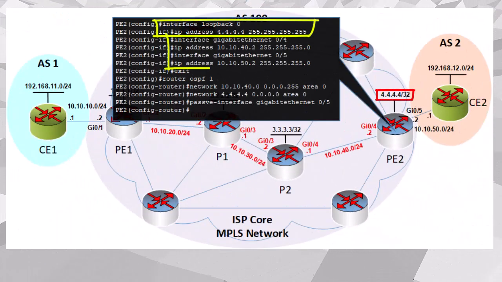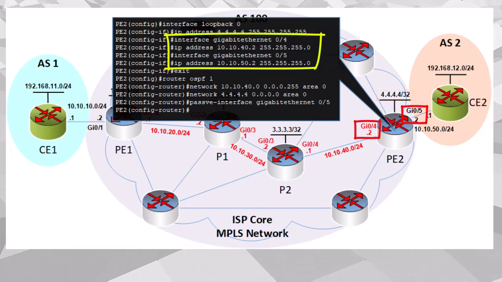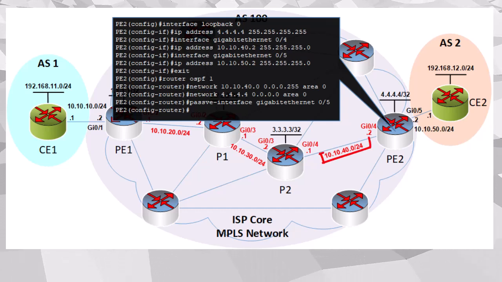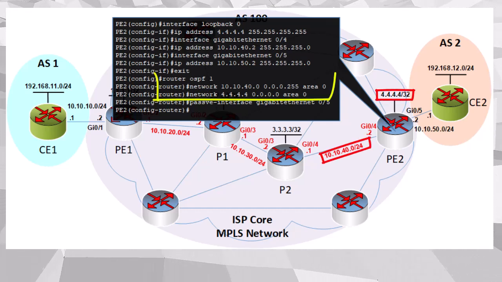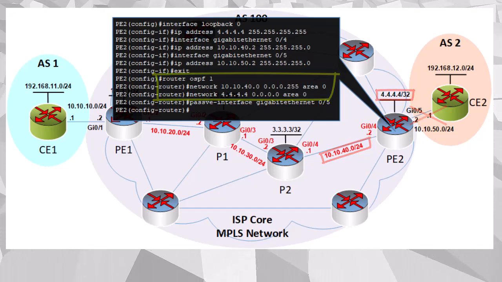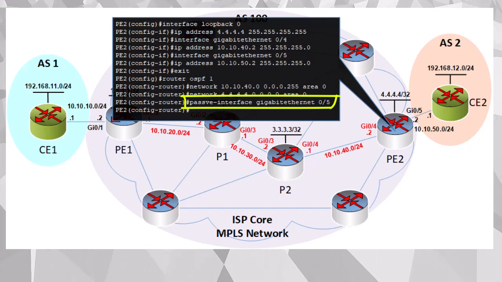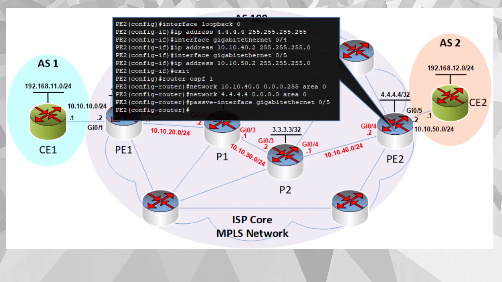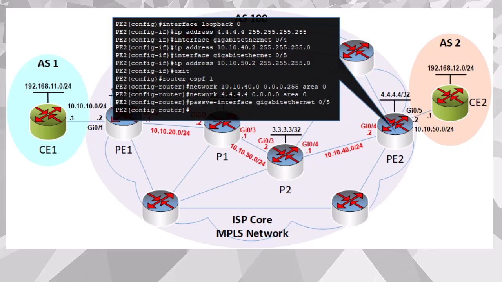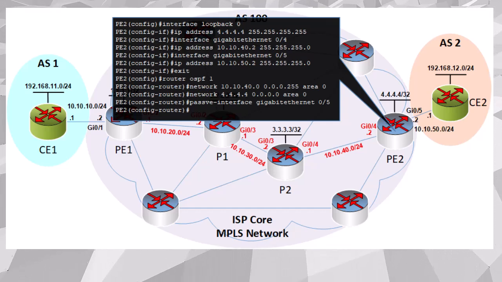And the PE2 router here has its loopback and physical interfaces configured with IP addresses and has its core network facing interface and its loopback interface advertised by OSPF, but not its customer facing interface. And once again, as best practice, we have set this interface as passive. So now we've set up our IP addressing scheme, our loopbacks, and our OSPF IGP underlay routing.